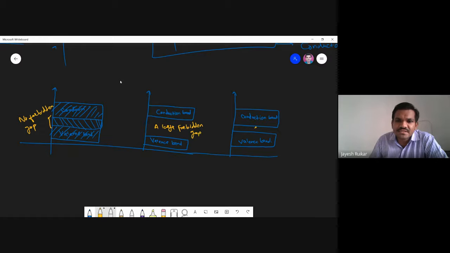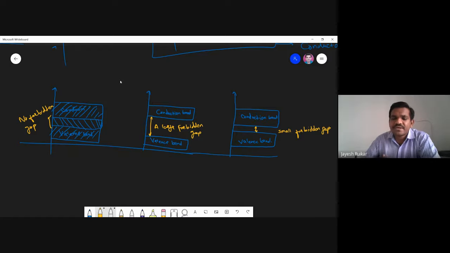This is the width we are talking about, and this one contains a very small forbidden gap.